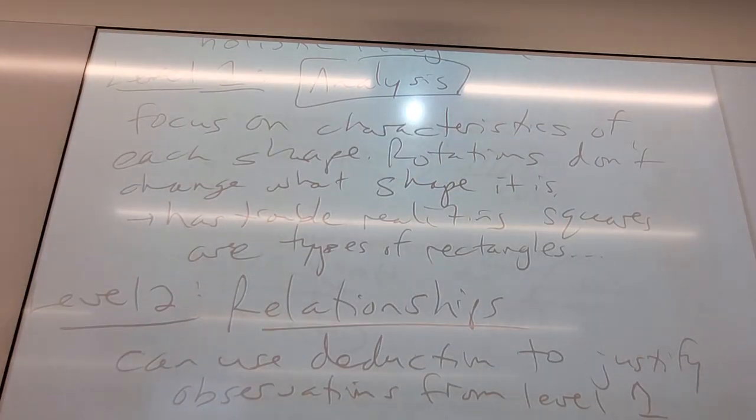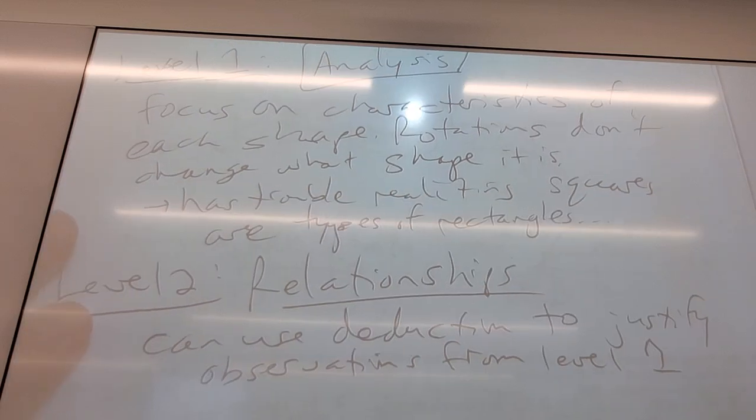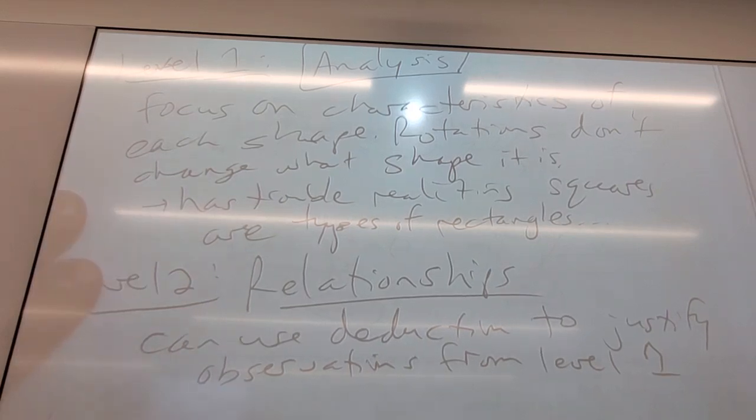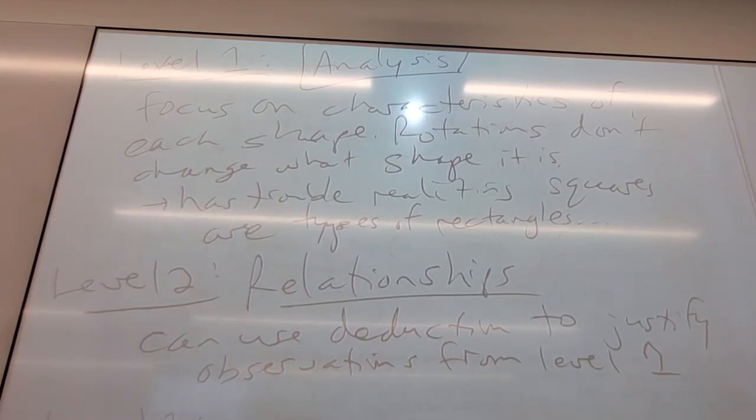Now the funny thing about the next 2 levels is they're probably higher than what some of you guys are going to get to with your students, but let's talk about them. Here we go. Level 3 is called deduction.